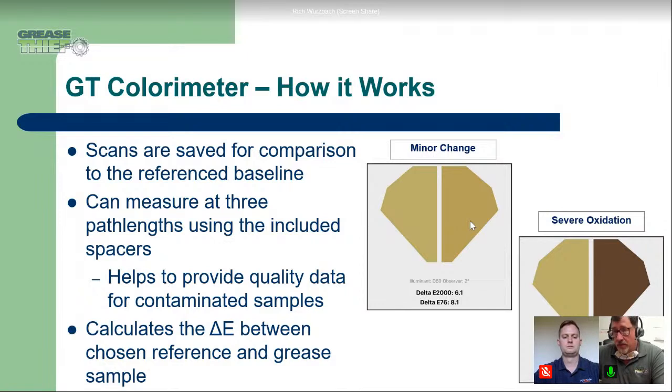That's grease that's still in great shape, versus what you have on the lower right, which is severe oxidation, and you get that specific path length color variation relative to the new grease. You see these delta E values: 6.1, something less than 10, would be considered quite good over a period of time, but this one's up at 44. And you might then have the ability to create some criteria: what do I do when I see this?